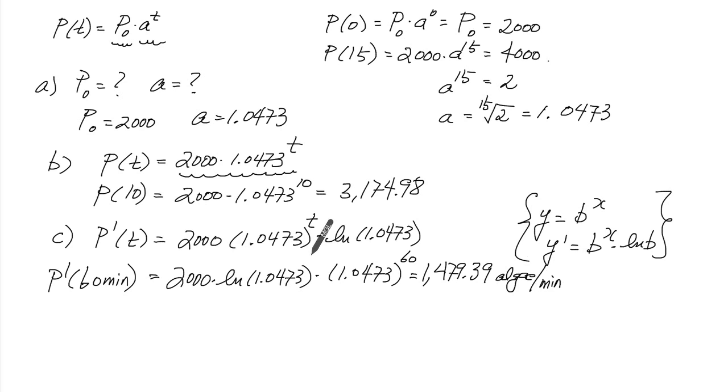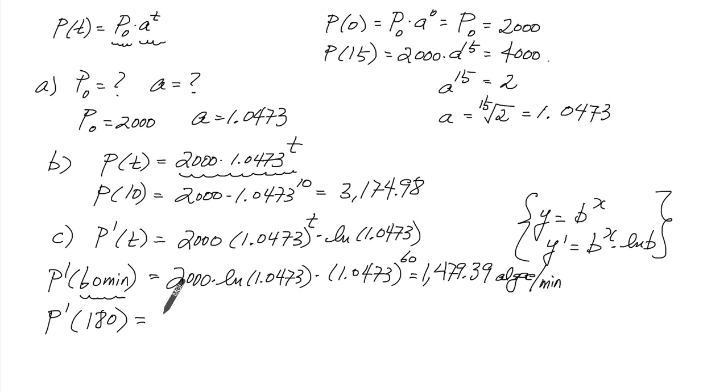So at that very instant, at 60 minutes, the instantaneous rate of increase of the algae population is 1,479.39 algae per minute.